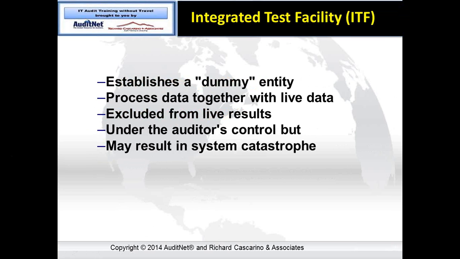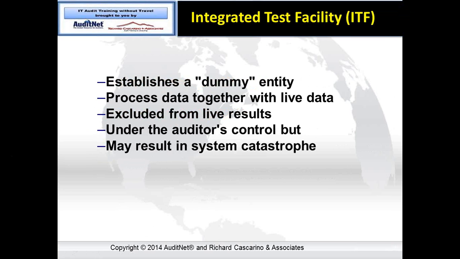It's under your control, because you're the one that's running the ITF. If you are going to use this to see how the system works, that's possibly excusable. If you're going to use this to see if the system works, that is not excusable. Because if you prove that the system doesn't work, you have just crashed the live payroll. Nobody will get paid tomorrow because the auditors were running a test.